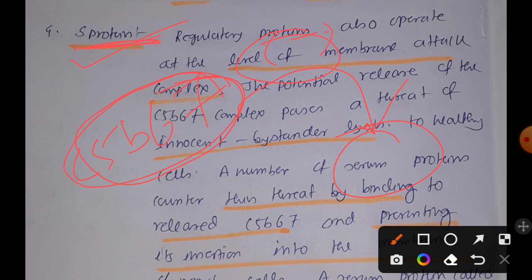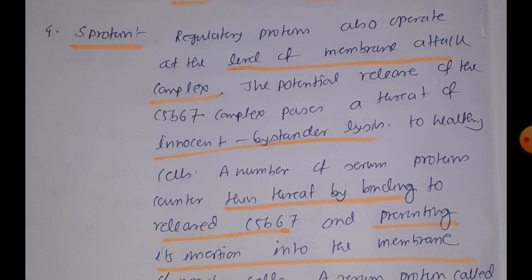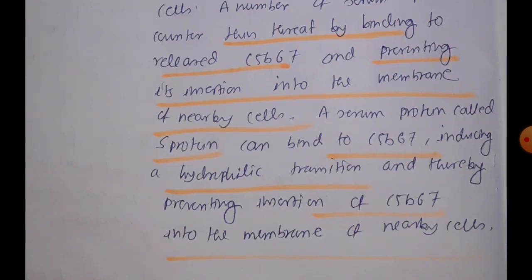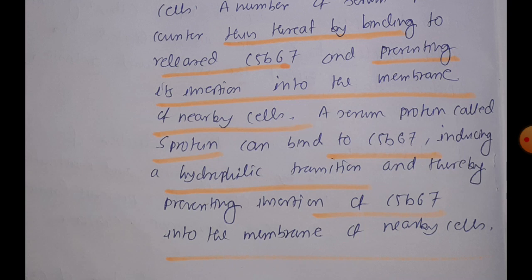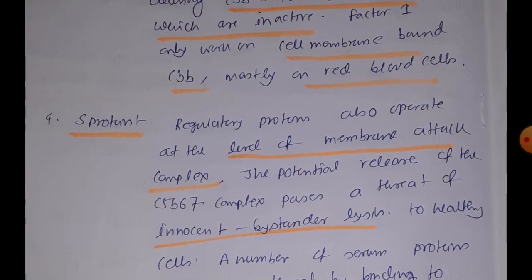That is why S protein is present there. This S protein will bind with C5b67 and facilitate a hydrophilic transition. This hydrophilic transition will prevent the insertion of C5b67 into the membrane of the self cell, and as a result it cannot create any kind of problem.